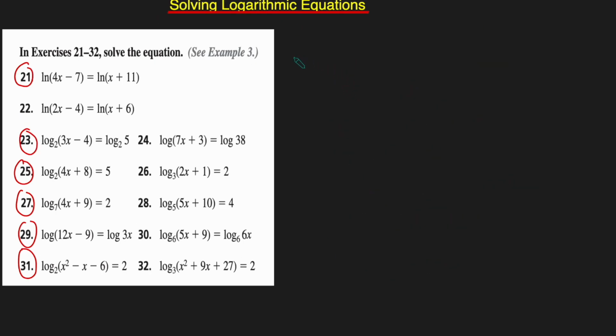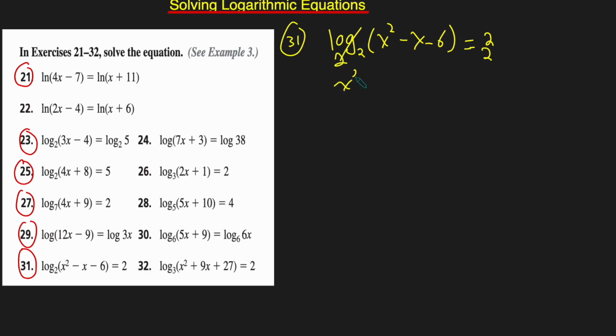Problem number 31. We have log base 2 of x squared minus x minus 6 equals 2. There's no log here, so I have to raise this to the same base. It'll be 2 to the power here. This cancels out.